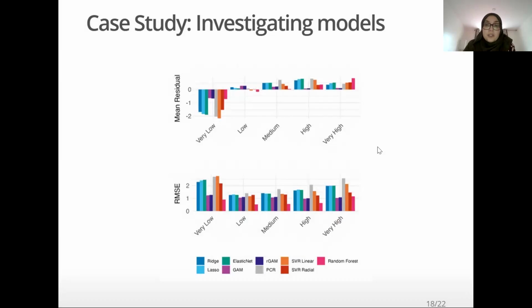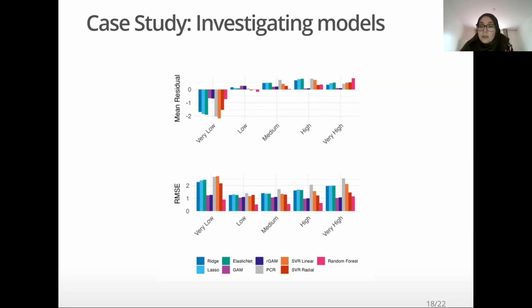In the next graph, we assign the student engagement levels according to the quintiles of the student engagement metric. So we have very low up to very high, 5 classes of engagement according to the metric again. And the figure displays the final model's performance segmented by these engagement levels, with mean residuals that indicate the average deviation of predictions from the observed value.